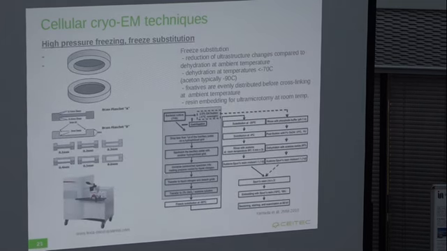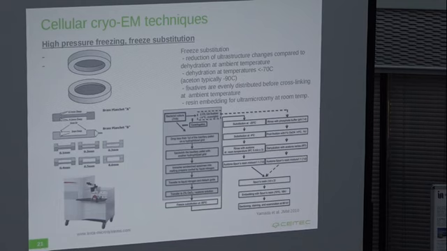For high pressure freezing, the sample is placed into this carrier, the so-called filler. The volume is completely filled, and then you use this instrument that creates very high pressure and sprays the liquid nitrogen onto this carrier to freeze it completely.